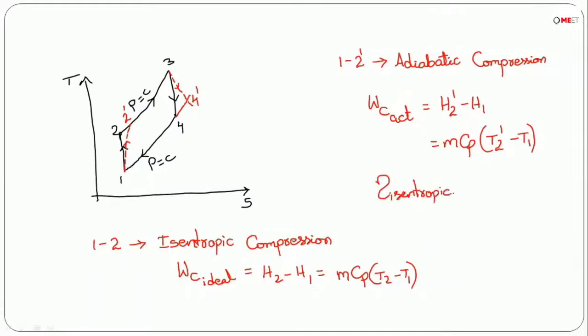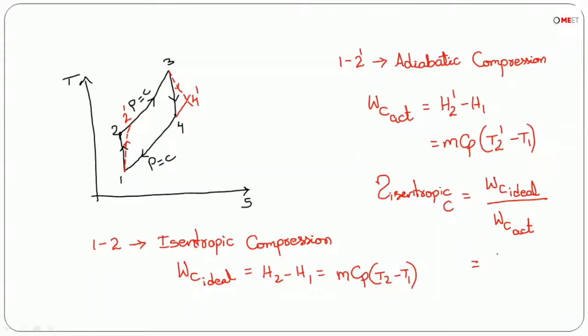So isentropic efficiency of the compressor will be work input that is required during an ideal process by WC actual. So you may get a doubt here, sir, usually we should write actual by ideal. Why are we writing ideal by actual in this particular case? See, here try to understand carefully. Compressor is a work consuming device.